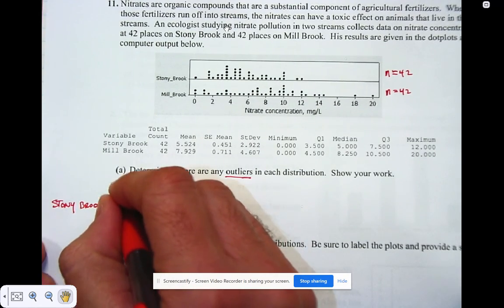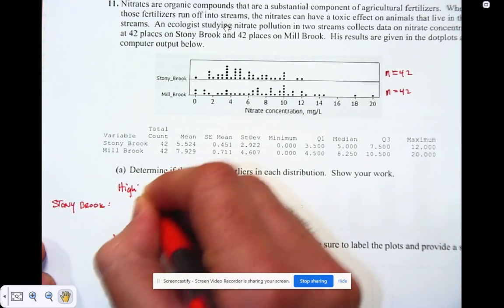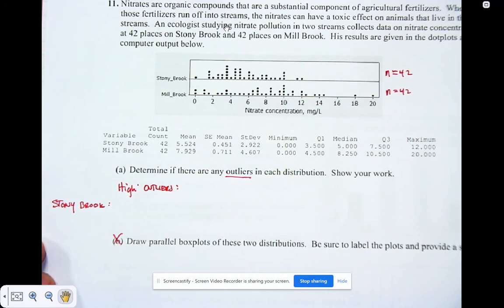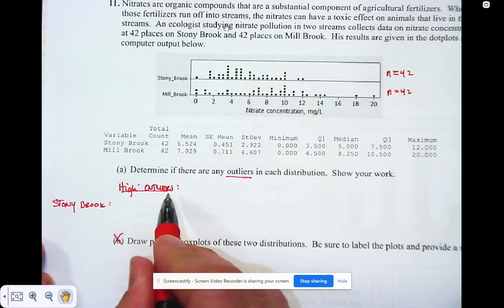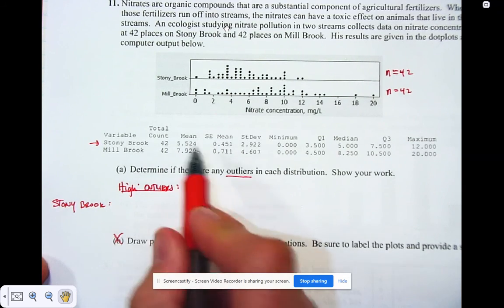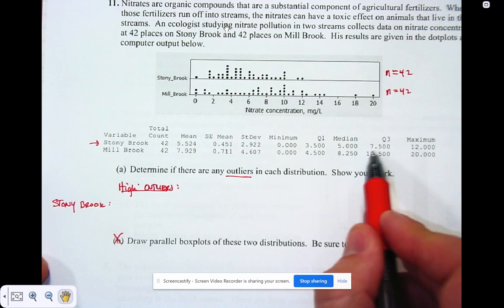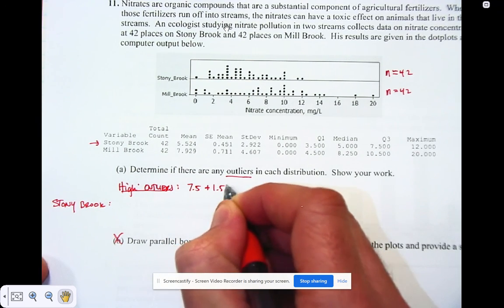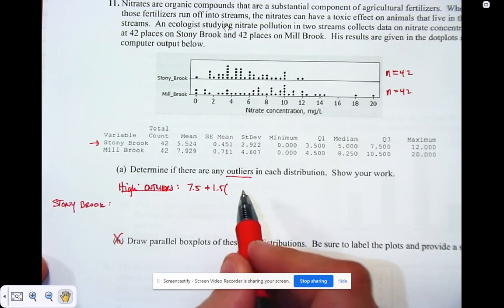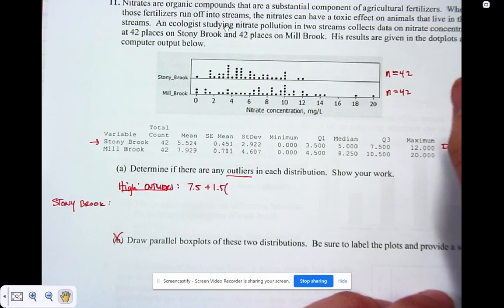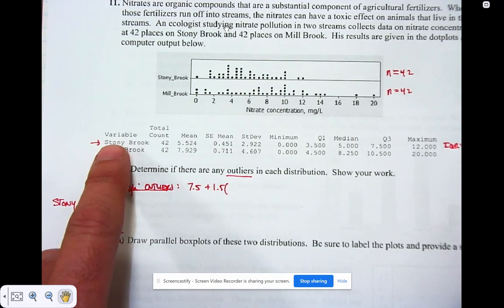So let's check high outliers. How do we do that? For high outliers, you're looking at the Stony Brook data. Don't mess that up. You go over here to quartile 3, which is 7.5, and you add 1.5 times the IQR. So you need the IQR for Stony Brook.